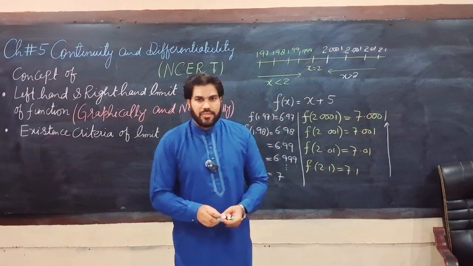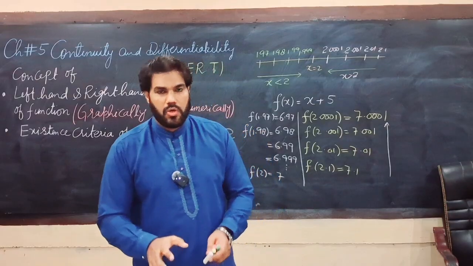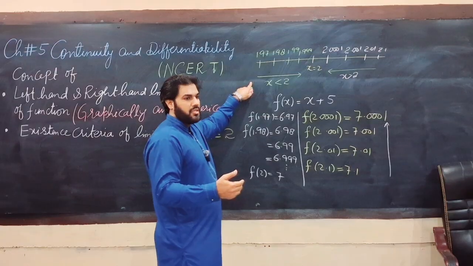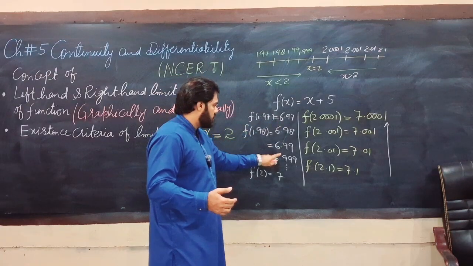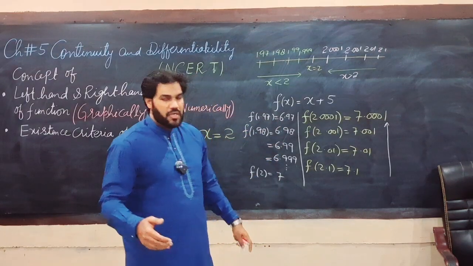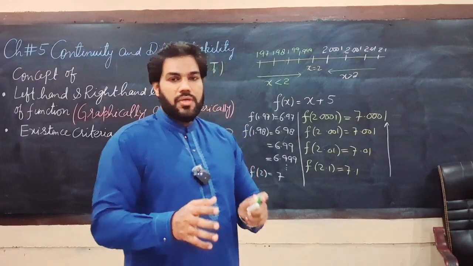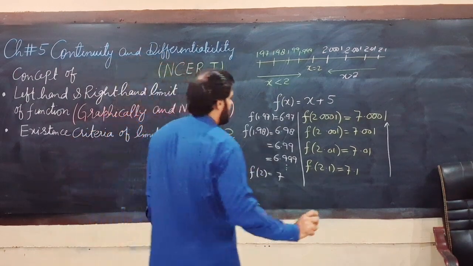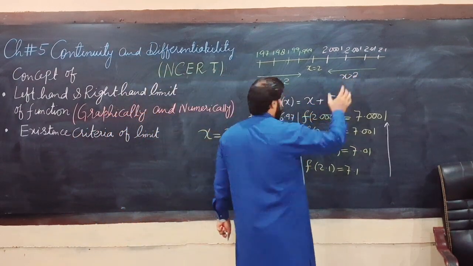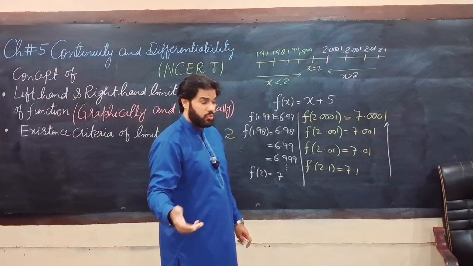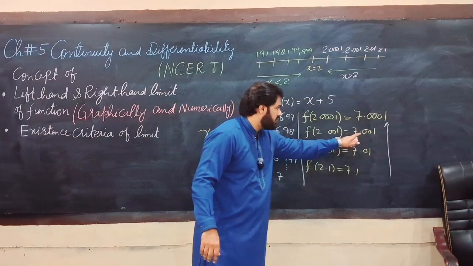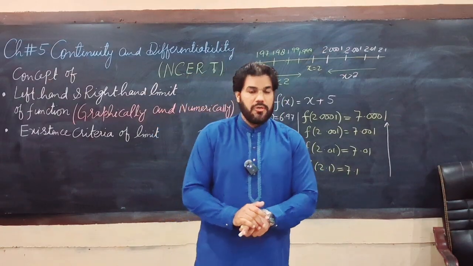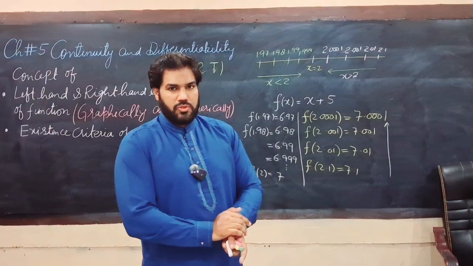So I can say that the values of the function for all those values of x which are less than 2, these values 6.97, 6.98, 6.99 up to 6.999, are called the left hand limiting values of the function. Similarly, when you calculate the values of the function for all those values of x which are greater than 2, then these values 7.0001, 7.001, 7.01, 7.1 are the right hand limiting values of the function.